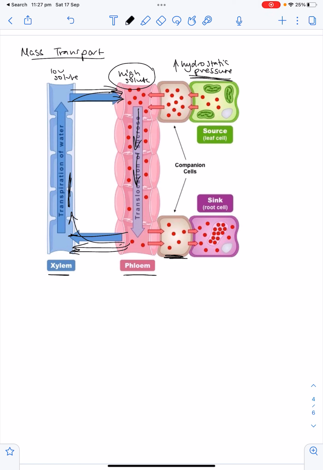This means that phloem sap always moves down the hydrostatic pressure gradient from the source to the sink, because again, the source will always have a higher hydrostatic pressure than the sink, because this is where all the sugars are naturally produced, and hence this is where the concentration of sugars is the highest.